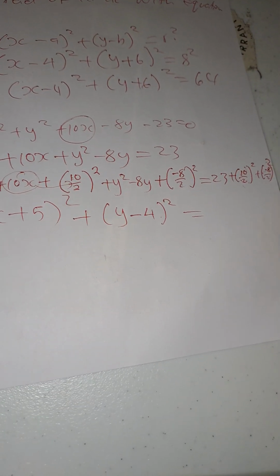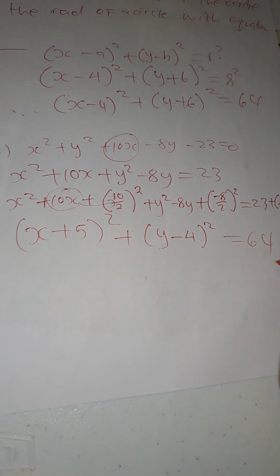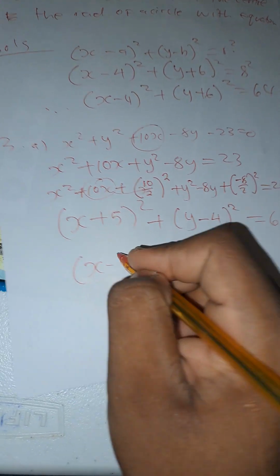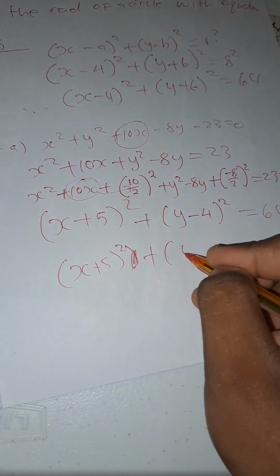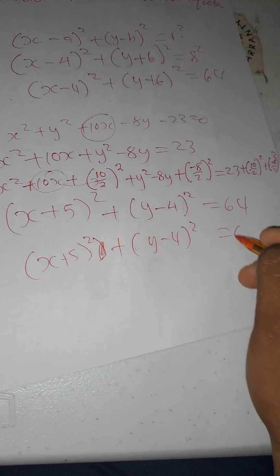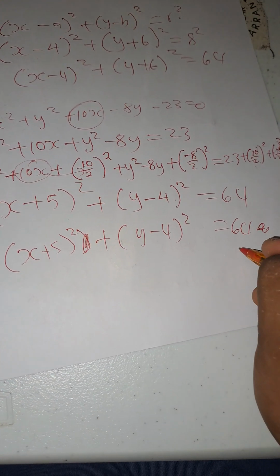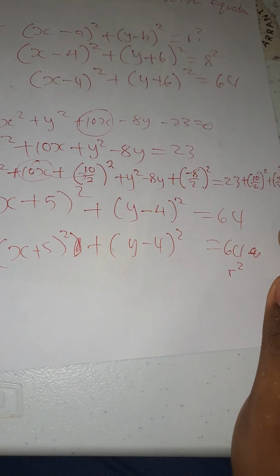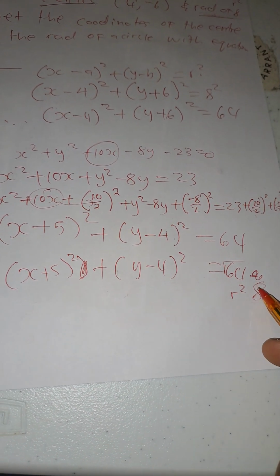So I get 64. My equation is (x + 5)² + (y − 4)² = 64. Remember this 64 is represented as r². Don't forget, they want the radius, so you take the square root, so that you get 8.